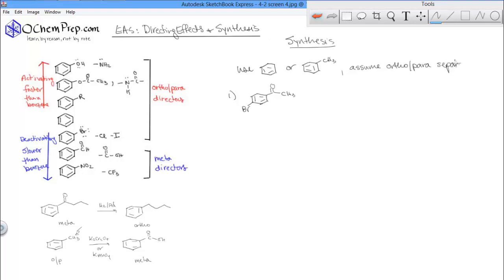So if we look here, we need to add an acyl group and a bromine group. We're not going to use toluene. We'll use benzene. And because the acyl group is a meta director and bromine is an ortho-para director, and we want it overall ortho-para, we put the bromine on first.